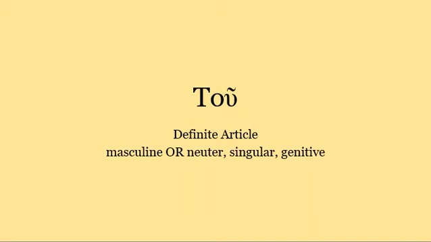So you do have to know your genders of nouns because the definite article won't always tell you what exactly is going on. It's a pretty good cue, but it won't always tell you. So now that I've said that, this is tu, and try to say it after I say it this time. Again, definite article, masculine or neuter, singular genitive is tu.